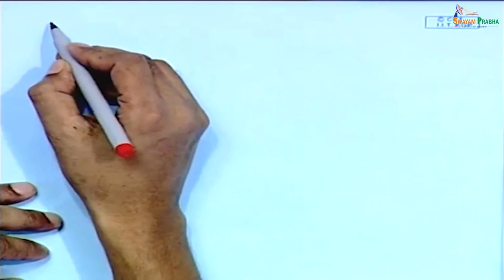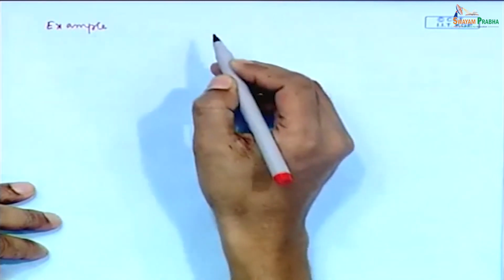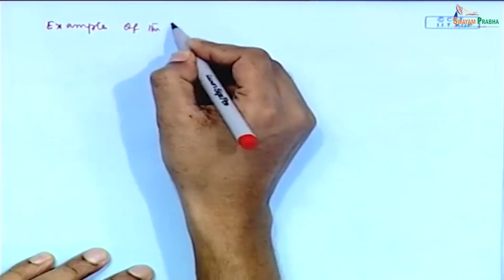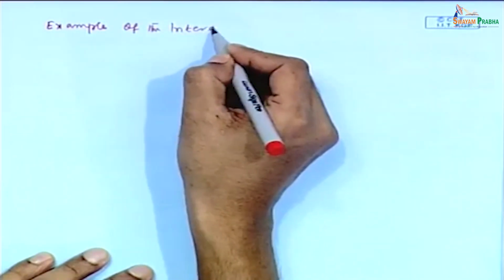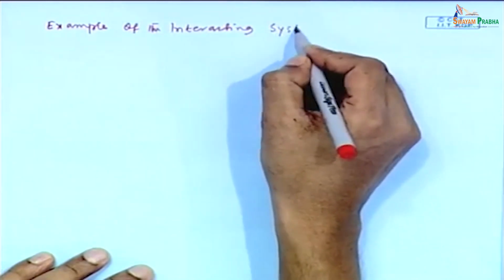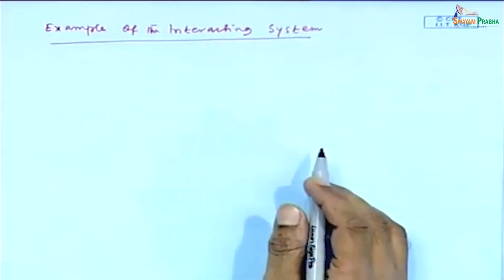So, next example is the example of the interacting system. Fine.